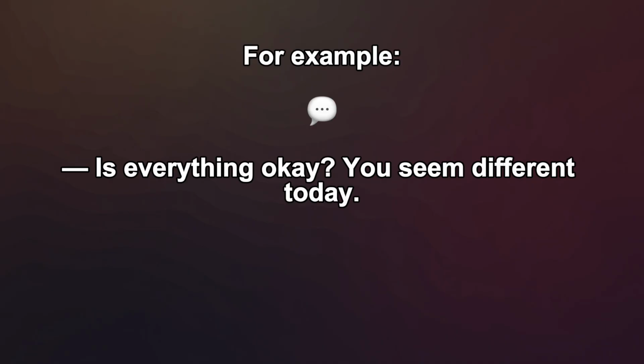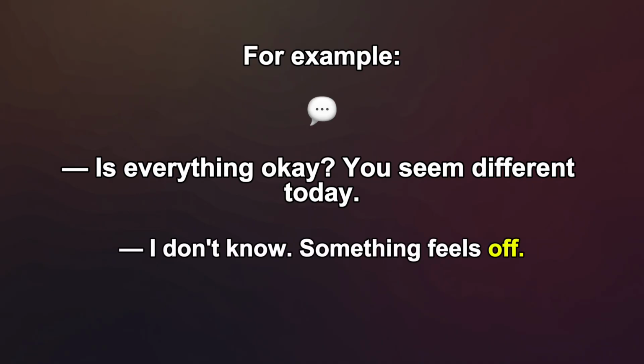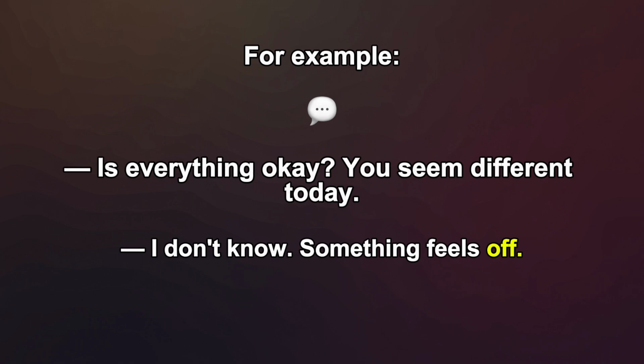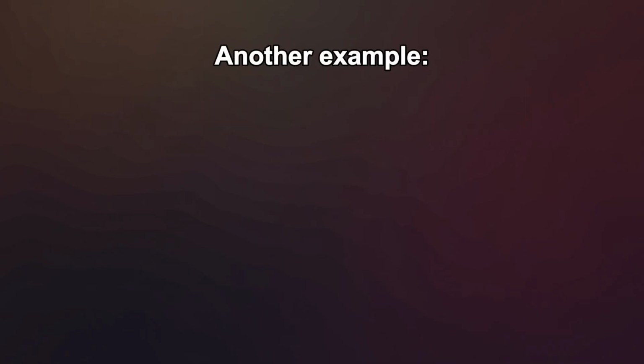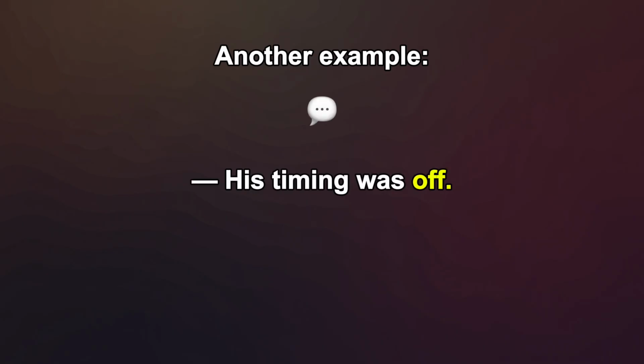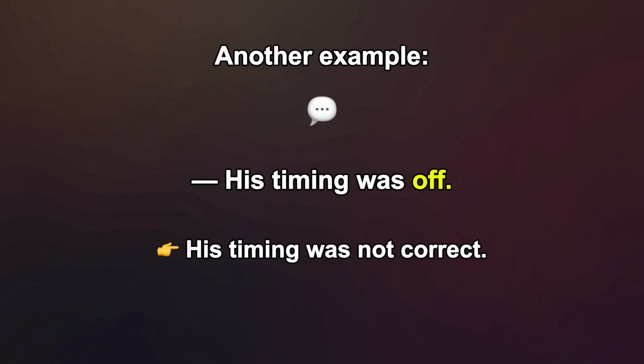You seem different today. I don't know. Something feels off. Maybe the person cannot explain the problem, but they feel that something is not normal. Another example. His timing was off. His timing was not correct.